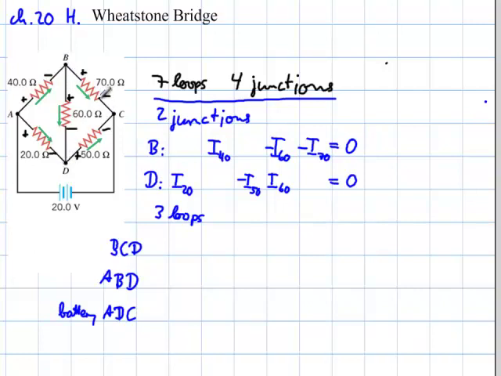okay, that would mean across the 70 ohm resistor I would have a drop in potential. So I'm going to have negative the voltage at the 70 ohm resistor, which is negative 70 I70. Then I go to this one here, and I have a potential increase. So I have a positive 50 times I50, so 50 I50.